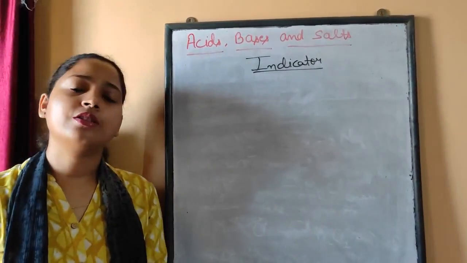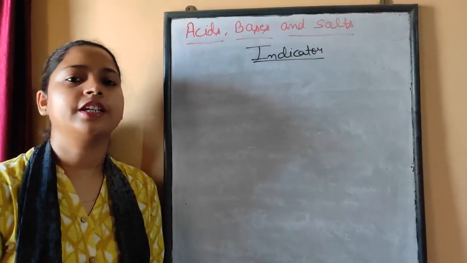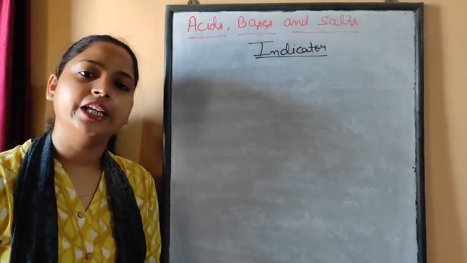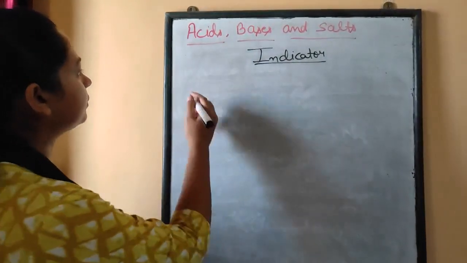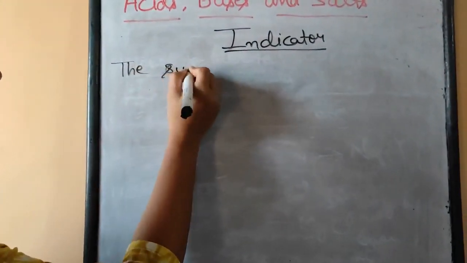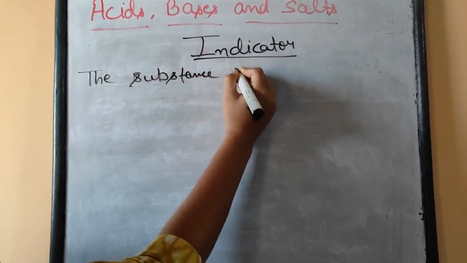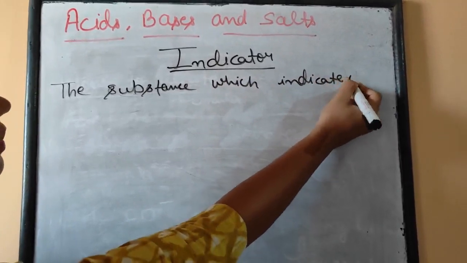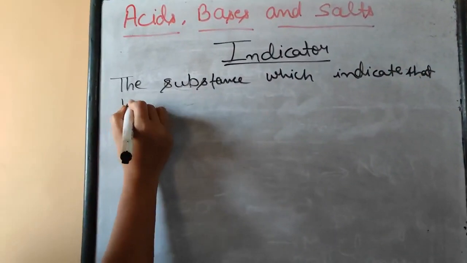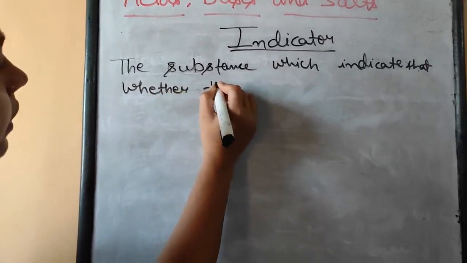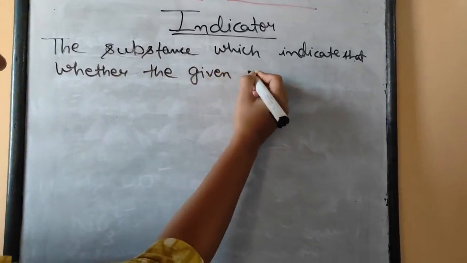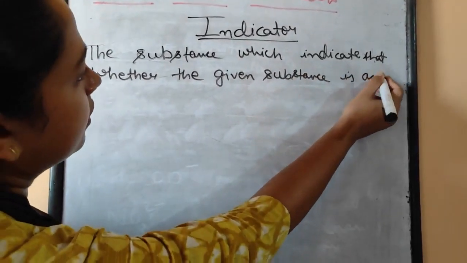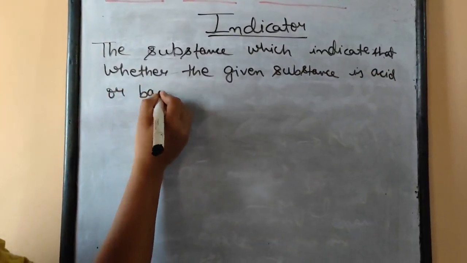Now the term indicator is also familiar to you because you have read it in class 7. Here in class 10 we have to read something more about the indicators. So the definition is: the substance which indicates whether the given substance is acid or base.